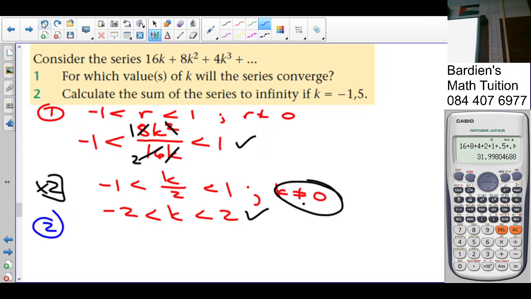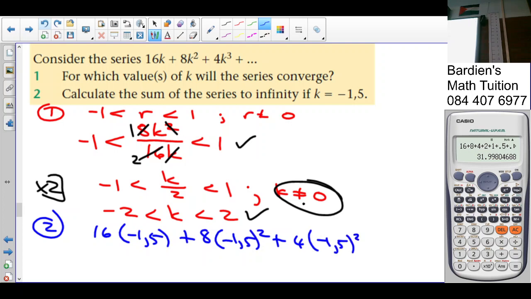So what would that now be? 16 into negative 1.5 plus 8 into negative 1.5 squared plus 4 into negative 1.5 cubed plus.